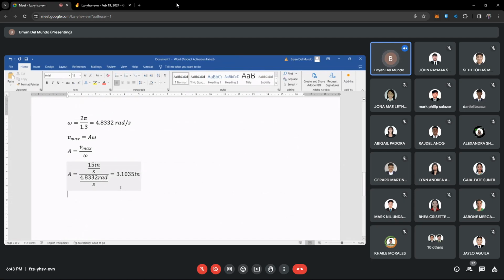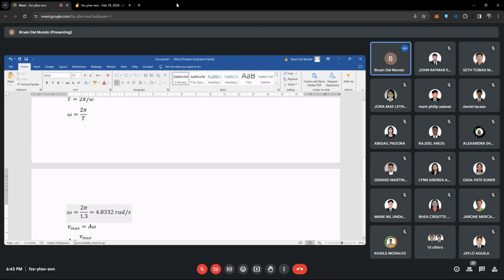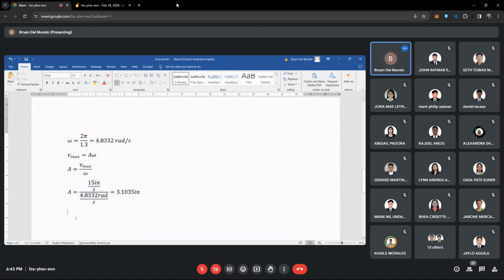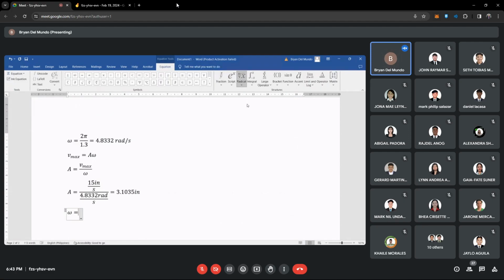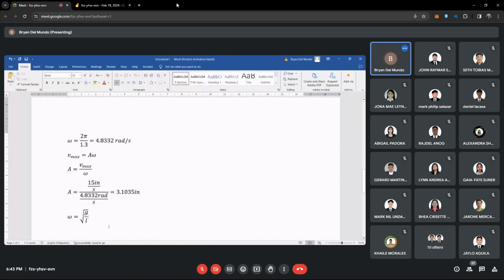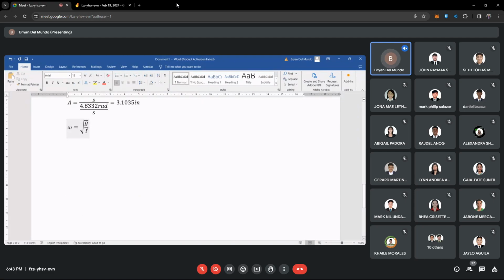So in relation dun sa length, so meron tayong given dito na omega n. So omega n is equal to, so ano nga pagka-pendulum, so siya ay square root of G over L. And then, to derive this one, we have our value of our omega n and then a value of G. So let's try to derive.